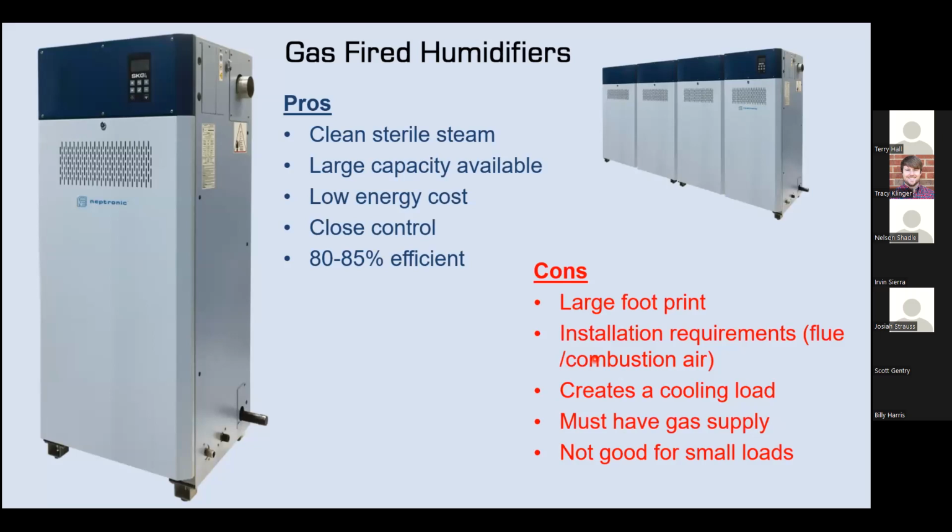The caveat to a gas unit is that the turn down is not as good as an electric humidifier, and that just has to do with the minimum amount of gas we can use to keep the burner going. So turn down on a single module unit is maybe somewhere between 10 and 20% of the total capacity.